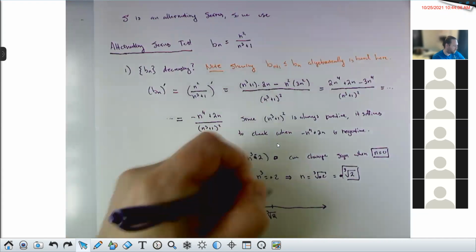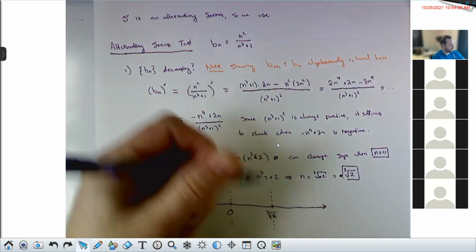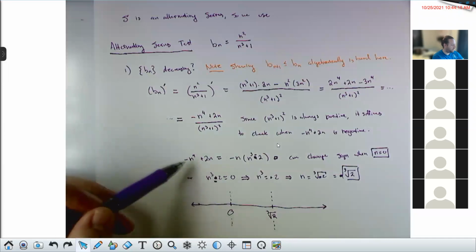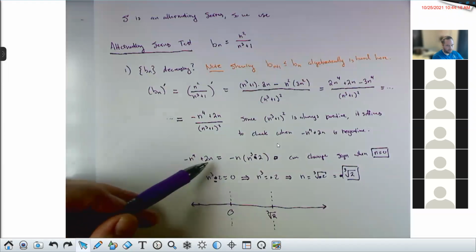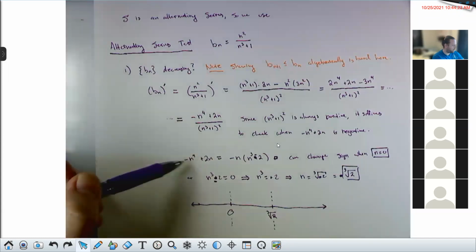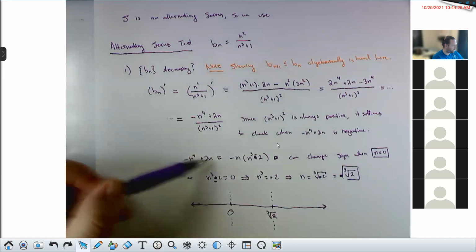And I can test a point from each region. If you plug something into the left of 0, like negative 1, you would get negative 1 to the 4 plus 2 times negative 1. Right? Negative 1 minus 2 is negative.